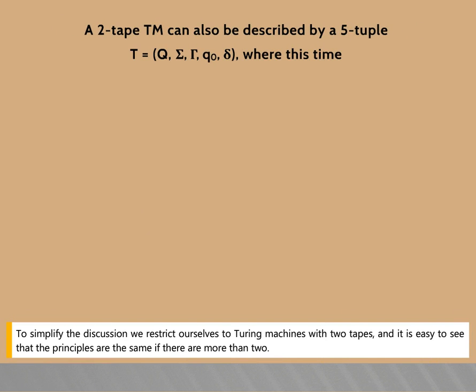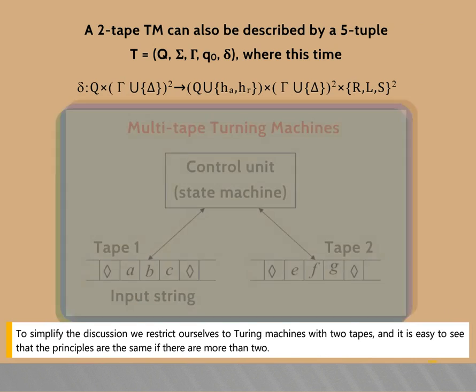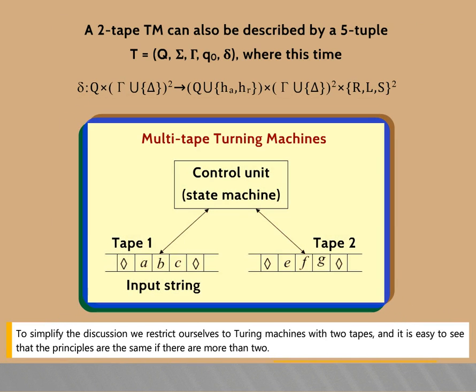To simplify the discussion, we restrict ourselves to Turing machines with two tapes, and it is easy to see that the principles are the same if there are more than two.